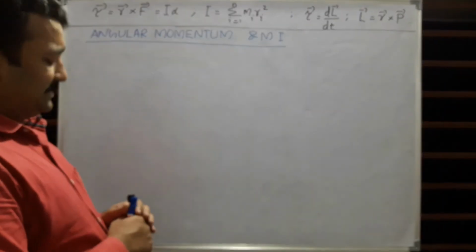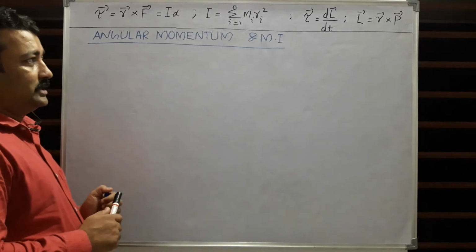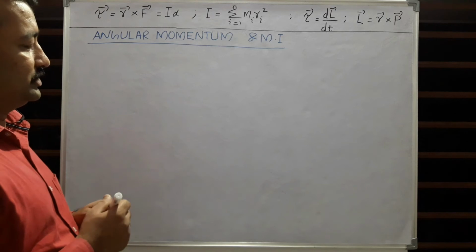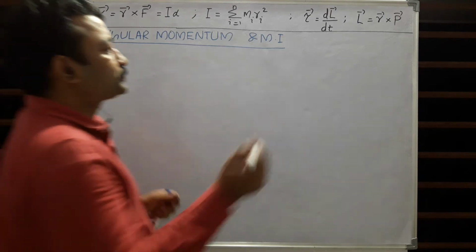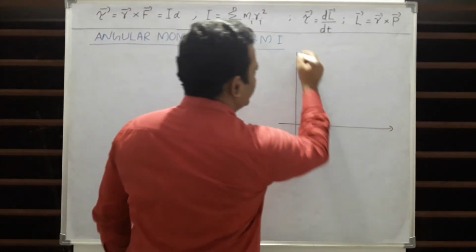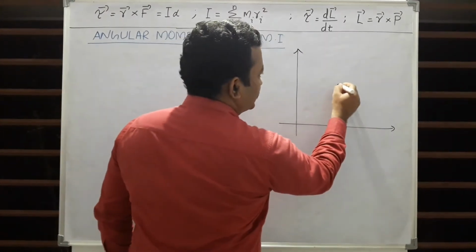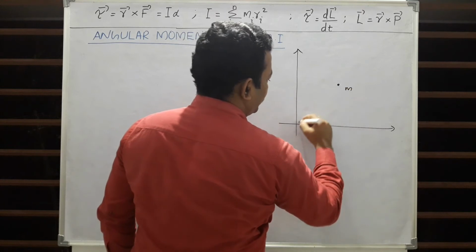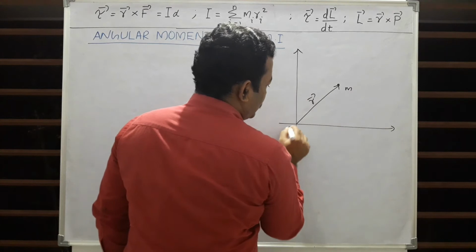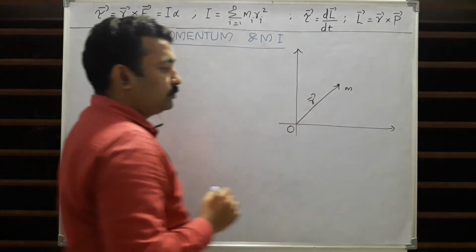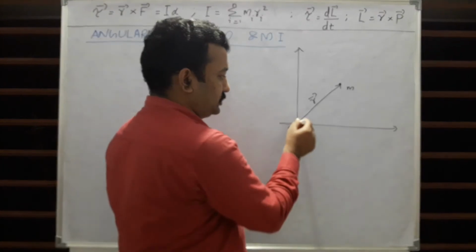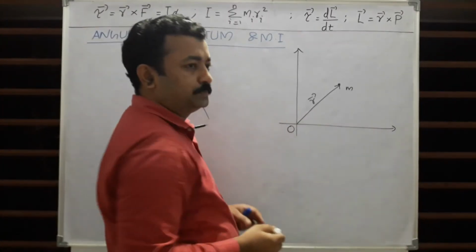So let us see what is the angular momentum of a particle and how it relates to the moment of inertia of a particle or a system. Suppose we have a particle situated at this point with mass m, with a position coordinate r with respect to an origin O, or we may say with respect to an axis passing through the origin.